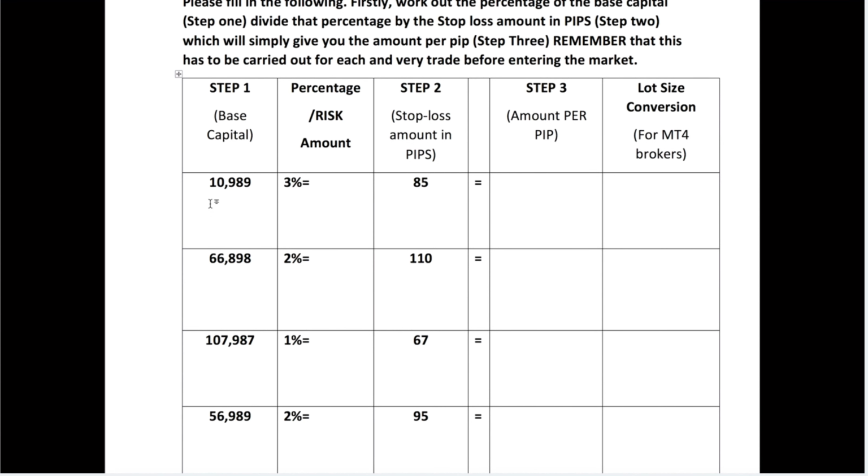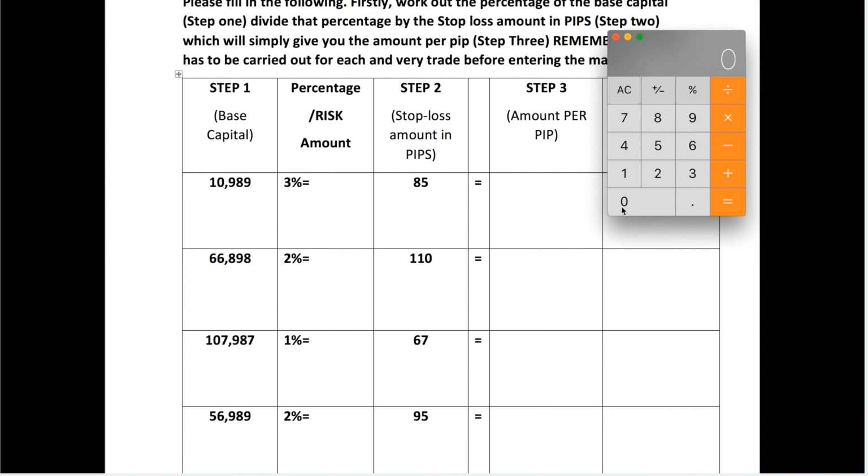All right, so 10,989, we need to work out 3% of this figure firstly. What I like to do, guys, is pull up a calculator. 10,989, that is our base capital amount. I always work out 1% first. So to work out 1%, we get the figure and divide it by 100, equals £109.89. That's 1%.